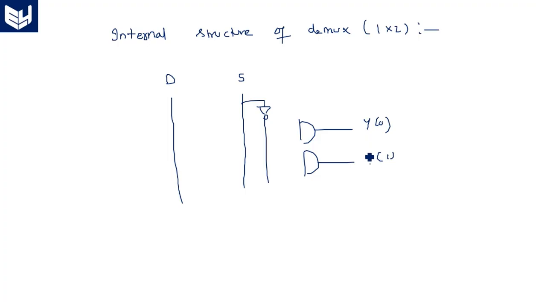There is no OR gate here, no need to combine them, because however many AND gates there are, that many outputs will be there. So D S bar and D S. Okay, this is the internal structure.